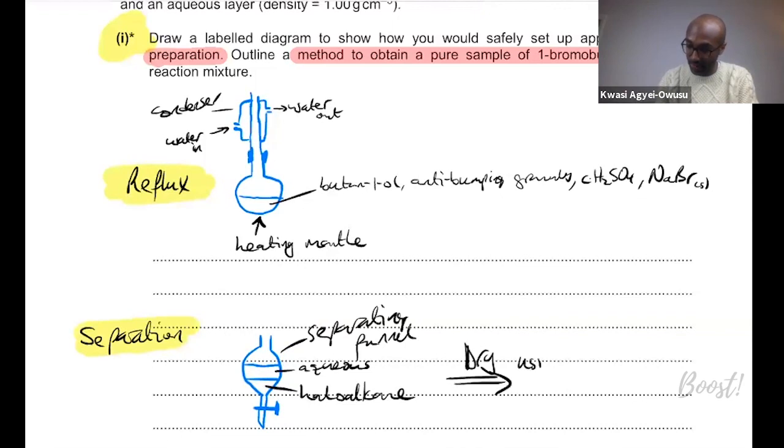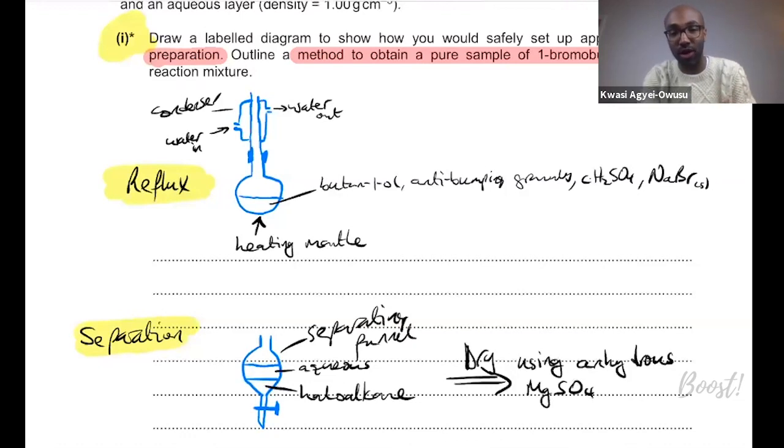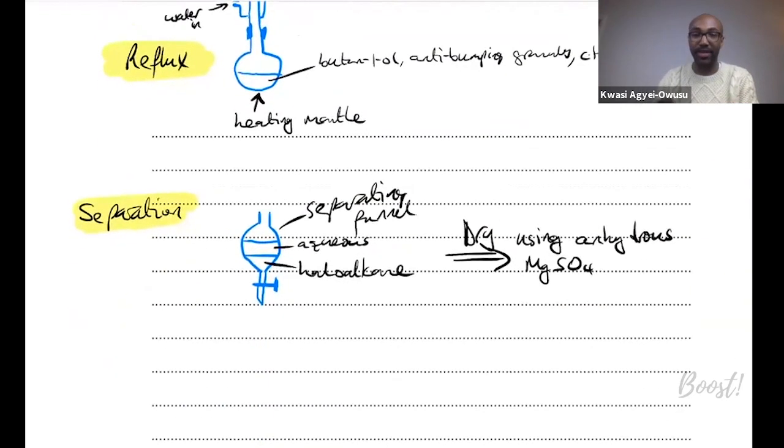using anhydrous magnesium sulfate would be a good example. Okay, so anhydrous magnesium sulfate to dry your halogenoalkane to get rid of any water that might be in the organic layer. And then having dried it, you'd need to filter it.